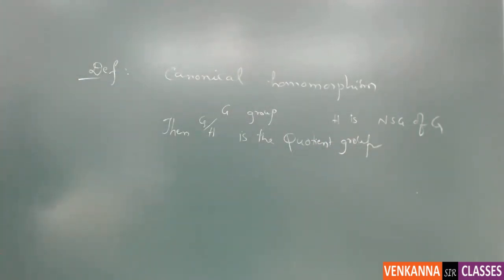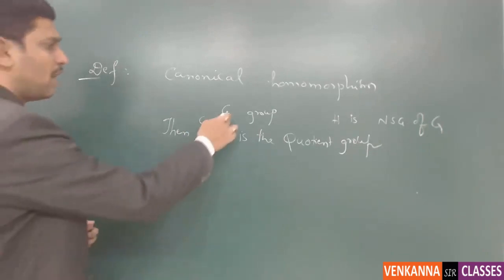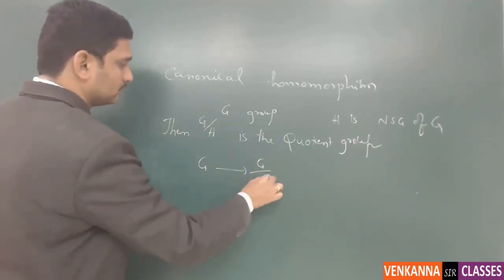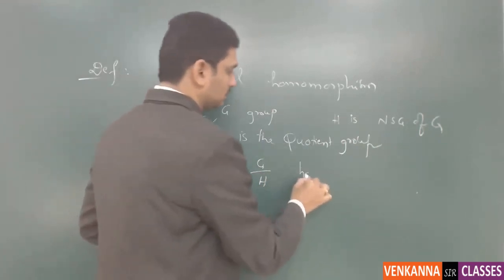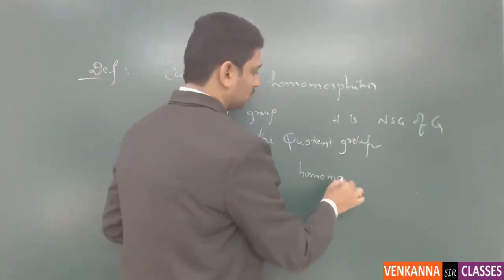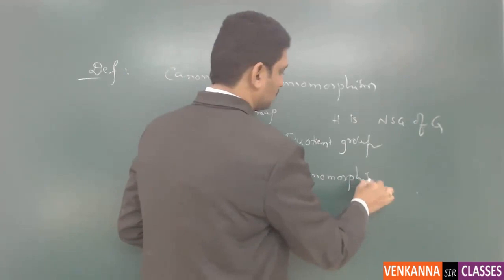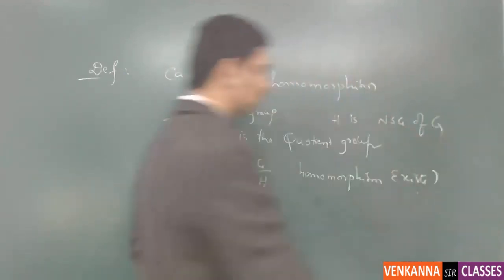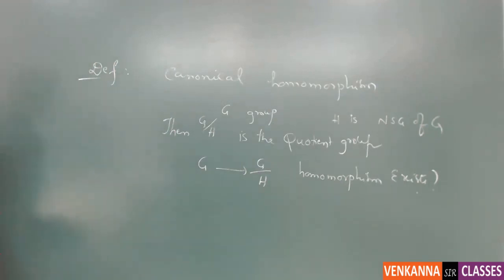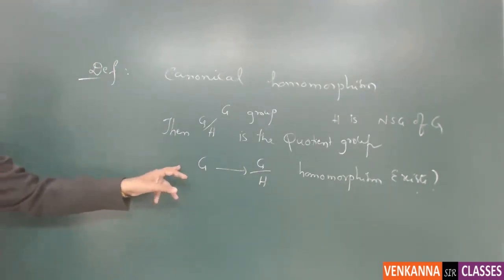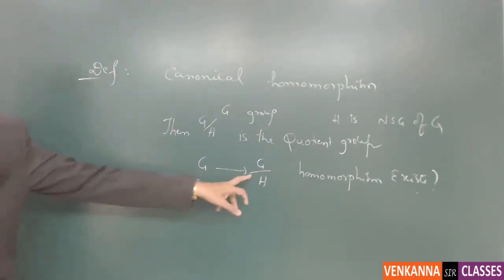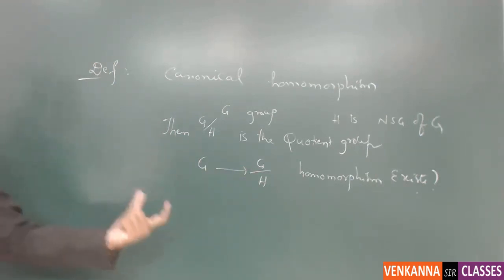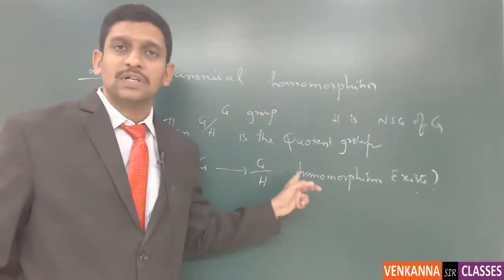Okay. Now, are they connected? So the concept is, if we have taken the group G and the quotient group G by H, are you able to find a homomorphism between these two?